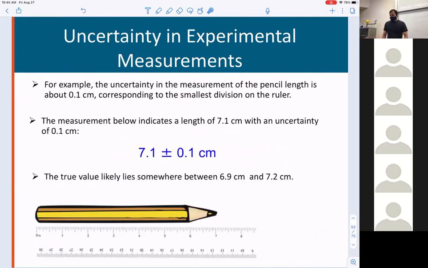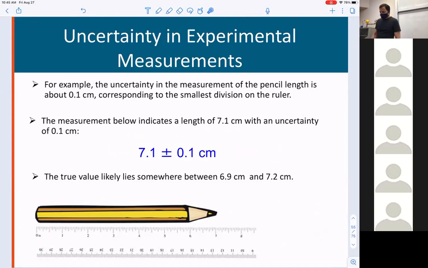So here is an example of the uncertainty from the limitation of an experimental apparatus. Here's a ruler, and you're trying to measure the length of this pencil. Well, the ruler has some inherent limitation in accuracy. It has these tick marks, so it can't measure anything to a resolution smaller than the size between two tick marks, because there aren't enough tick marks in between them.